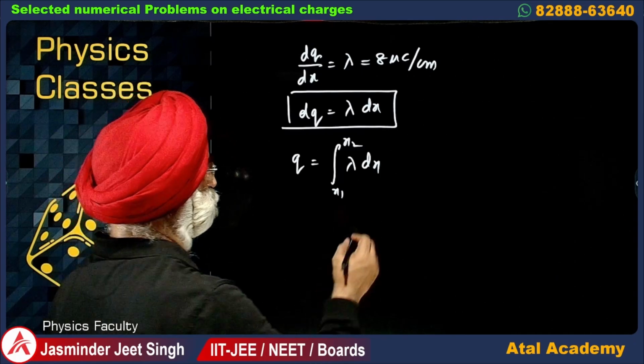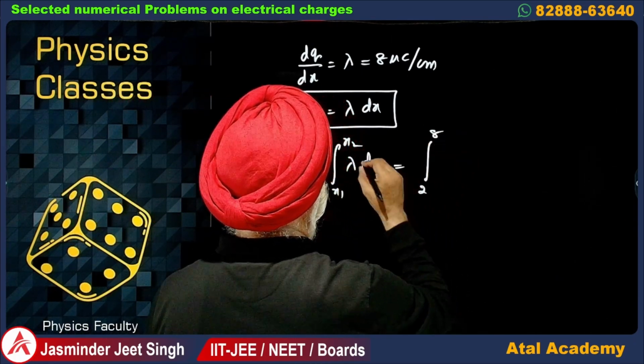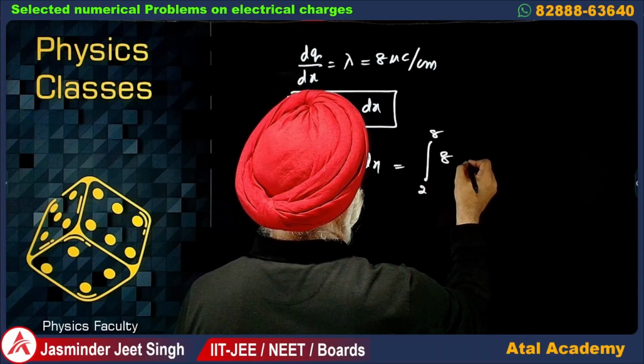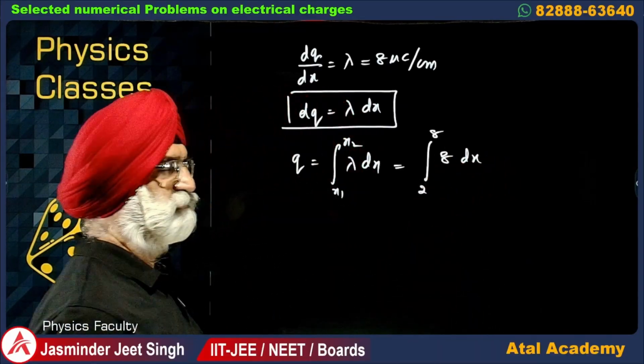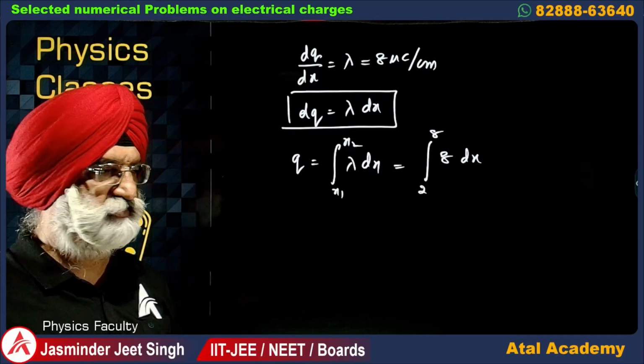So we can put the values here. From 2 centimeters to 8 centimeters, lambda is 8, dx. The total charge whatever we get will be in microcoulombs.